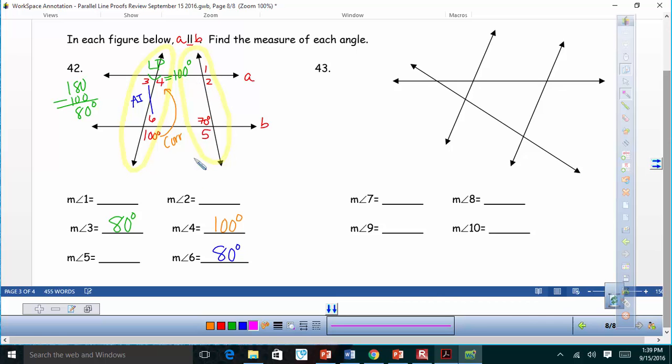Yes? Okay, so the first relationship we see is 70 and 2 are alternate interior, which means 2 is also 70 degrees. Okay? Then we have 5 and 1 left. So Nick, what do you think?